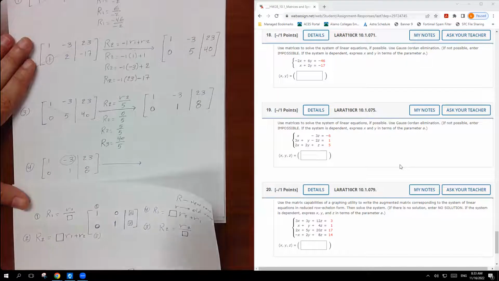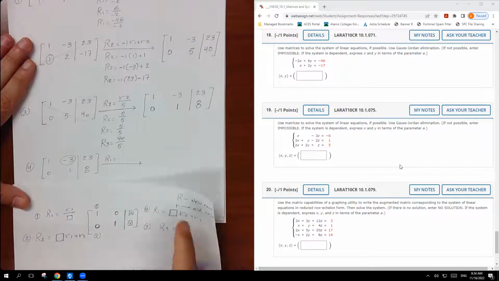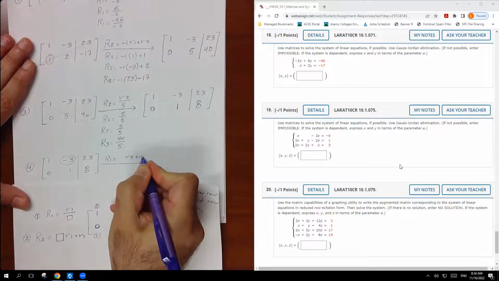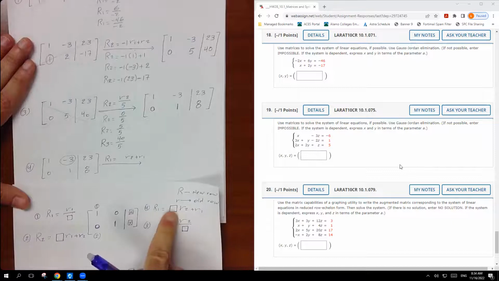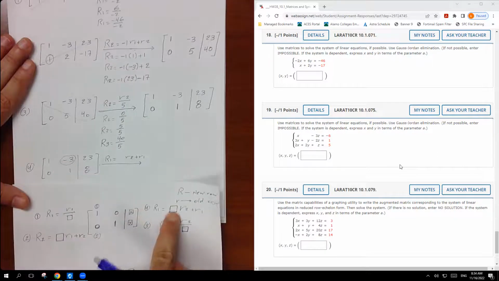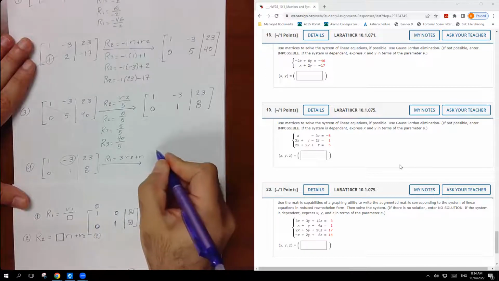Sorry, -3. That means our rule is going to be R1: we're going to write down R2 plus R1. The number on this location, if it's positive, we're going to write down negative. If it's negative, we're going to write down positive here. That means positive 3 here. That's it. This is the rule.